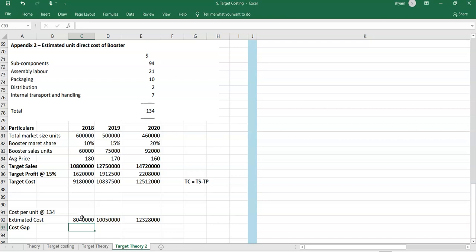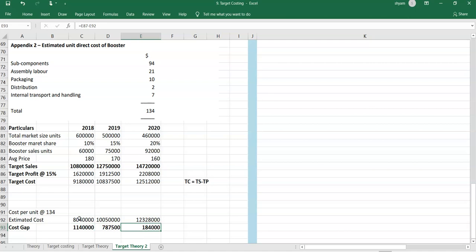That means we have to produce at 9,18,000, but we are able to produce at this much. So it is a good thing. So we should produce at 9,18,000, but we are producing at 8 lakh, something like this number. So there is no cost gap. This is profitable, this is good.